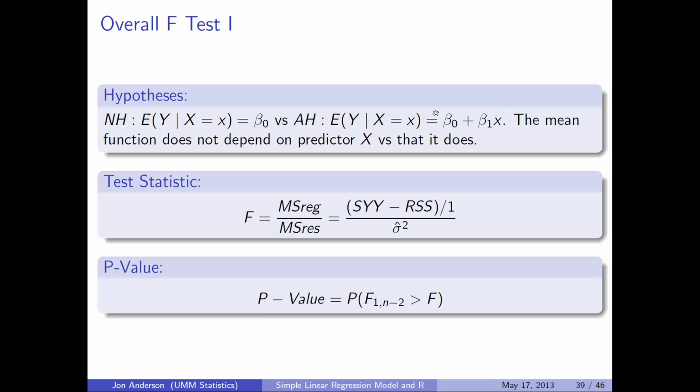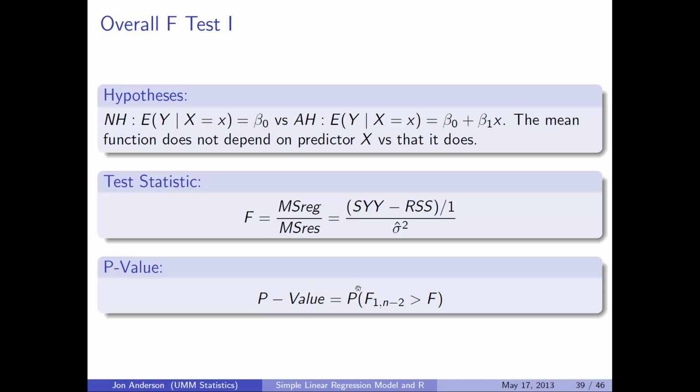You can test this kind of hypothesis with an f statistic, where we take the mean square for the model regression, we divide it by the mean square for residual, and we come up with this f ratio, this f fraction. And from that value of f, we can construct a p-value, and we'll use the f probability distribution.